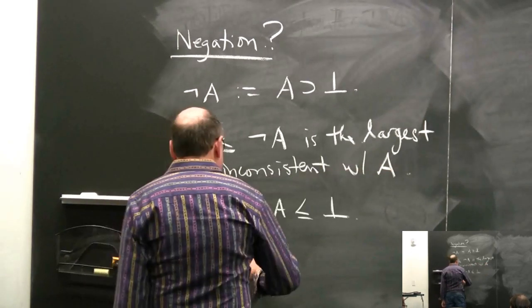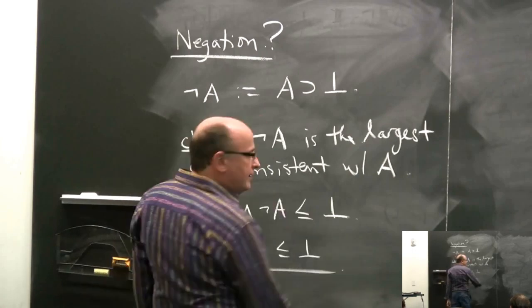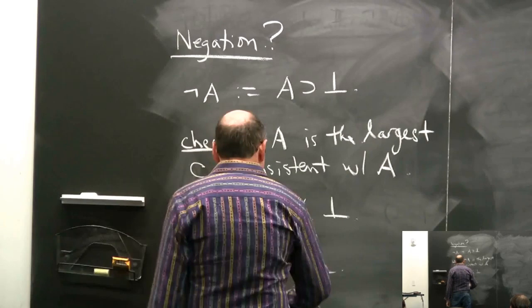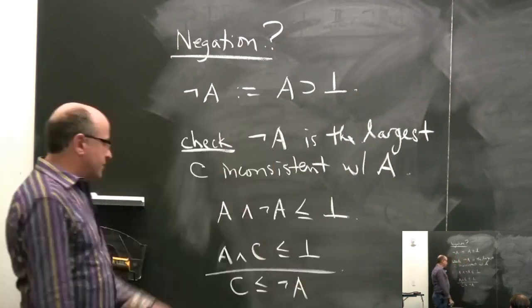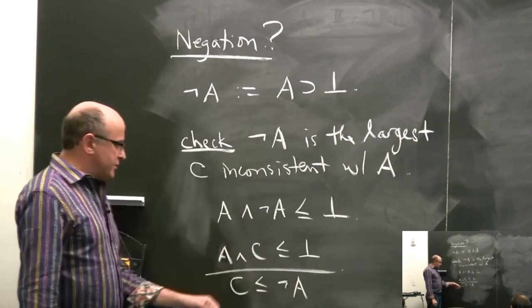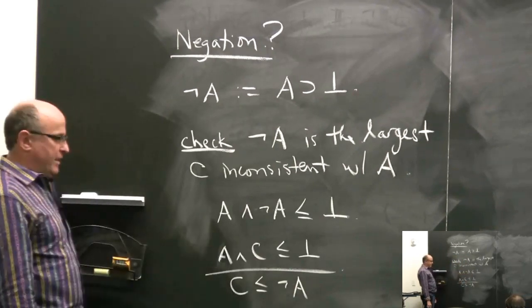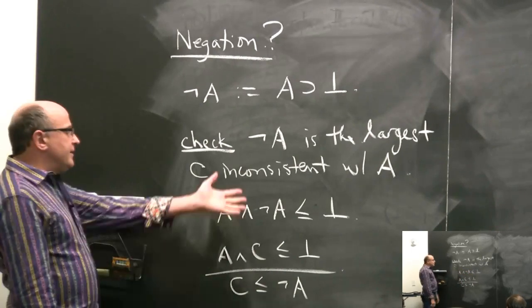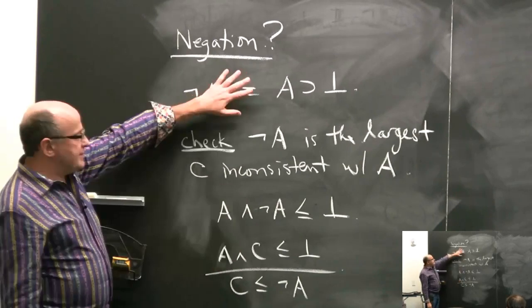If C is inconsistent with A, then C entails the negation. It's stronger than the negation. It gives us the negation, and therefore it's inconsistent with A. So that's what I mean by that. So you could say that negation is given by this universal condition. I didn't need to make this definition.